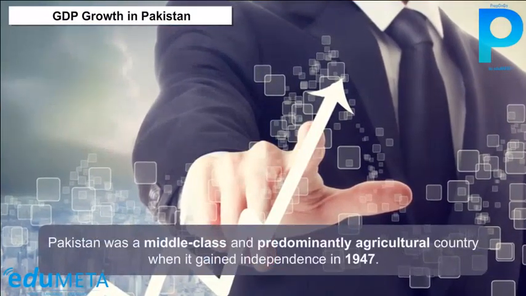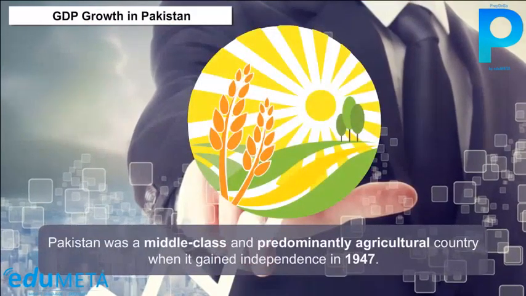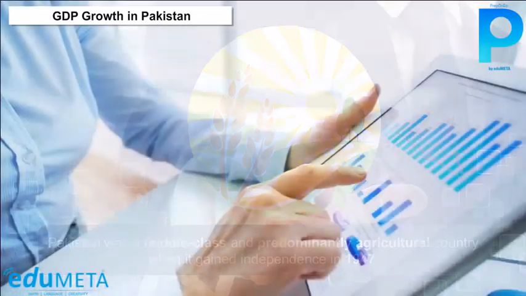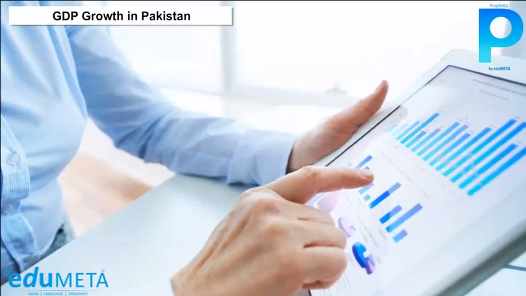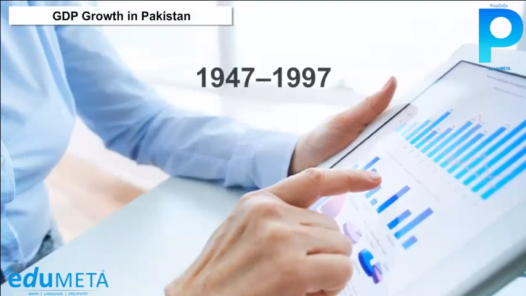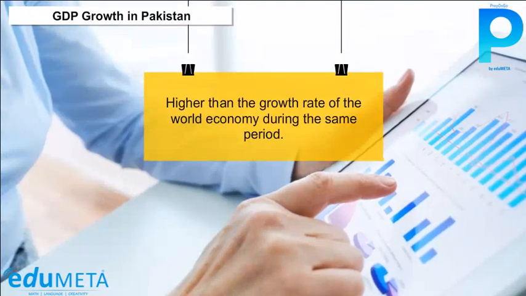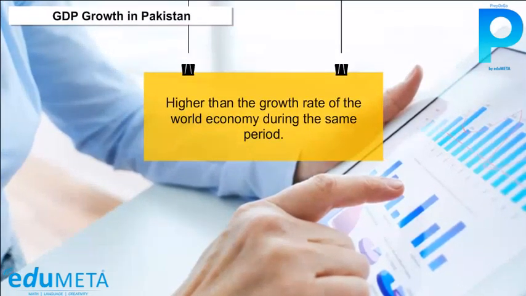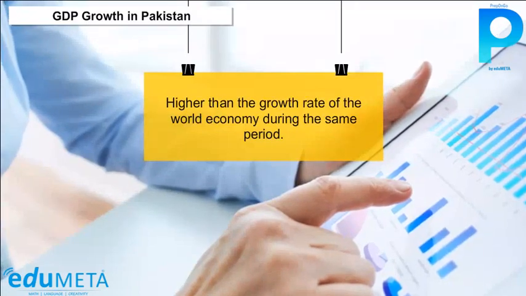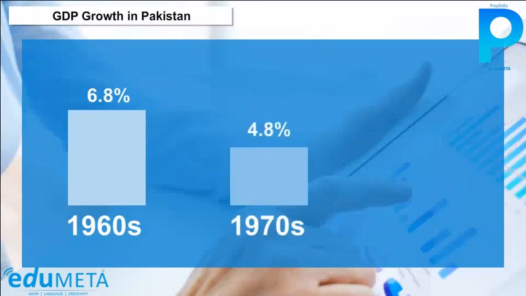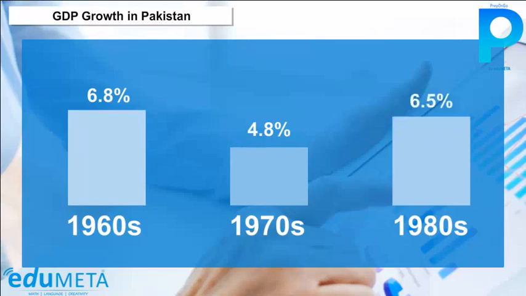Pakistan was a middle-class and predominantly agricultural country when it gained independence in 1947. Pakistan's average economic growth rate in the first 5 decades, 1947 to 1997, was higher than the growth rate of the world economy during the same period. Average annual real GDP growth rates were 6.8% during the 1960s, 4.8% in the 1970s, and 6.5% in the 1980s.